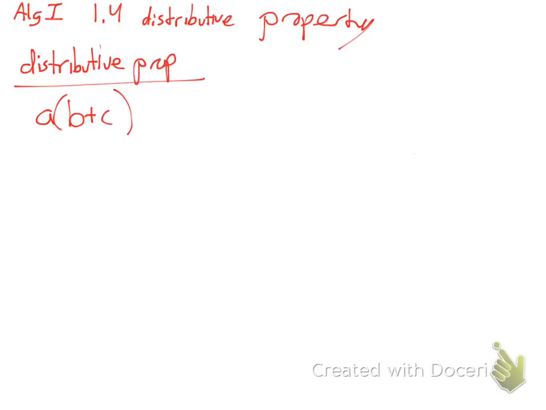Now this is not the only way we're going to see this. There are a couple different ways, but they kind of all work the same way. Now, if you see it this way, what we're going to do is distribute or bring in that a on the outside using multiplication. So I'm going to multiply a times b and a times c. Now, I know I just put 2 little rainbows on here right away. 99% of the time, I'll never put the rainbows on all at the same time.